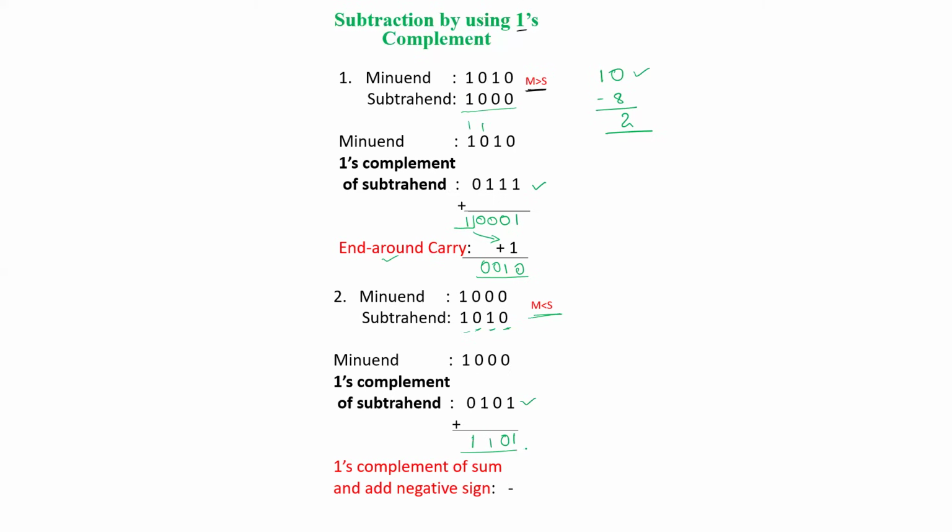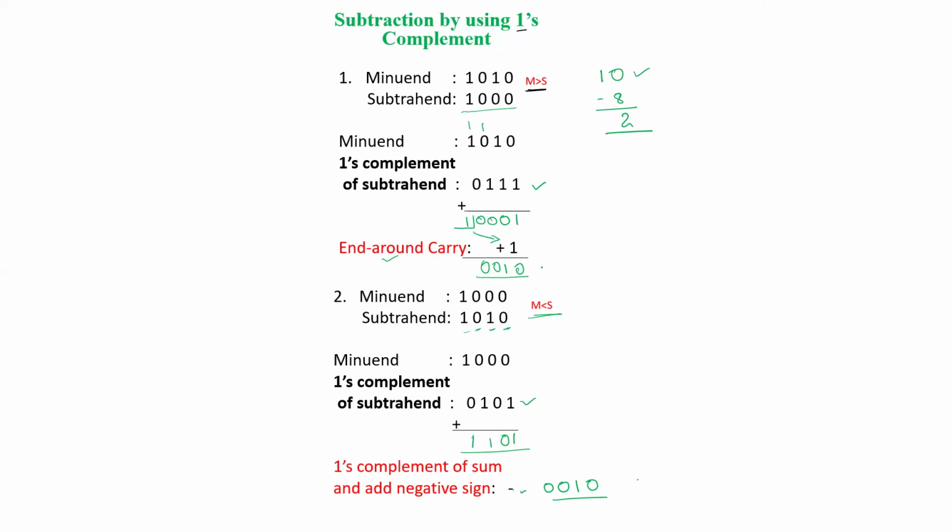Now here what we are seeing is that we don't have an extra bit. That means the minuend is smaller than the subtrahend. Now what we'll do is take the 1's complement of this sum and add the negative sign. So in the 1's complement, 1 will change to 0, 0 to 1, 1 to 0, 1 to 0. And the negative sign is added here. So this is the result.